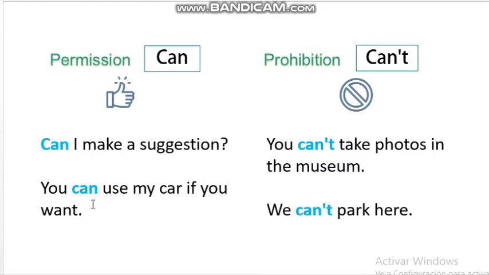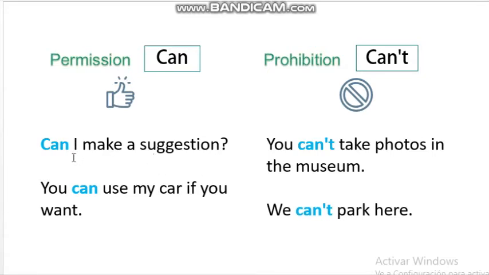We are going to see the modal can in positive and can't in negative. Can shows permission and can't shows prohibition, as we can see in the sentences. In positive, "Can I make a suggestion?"